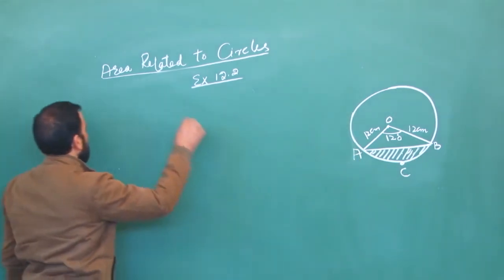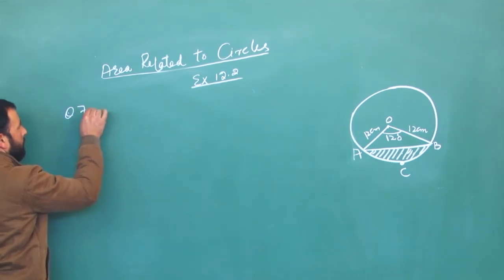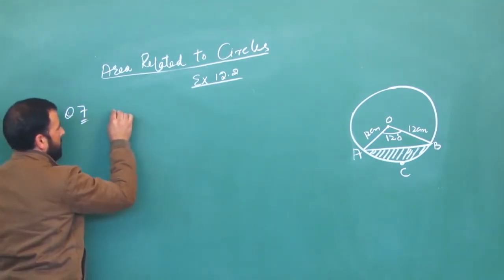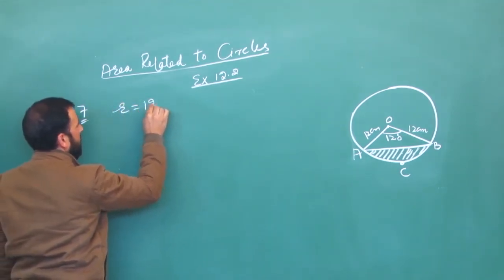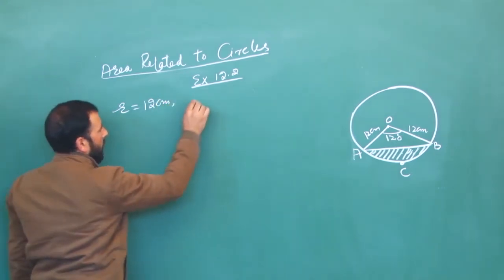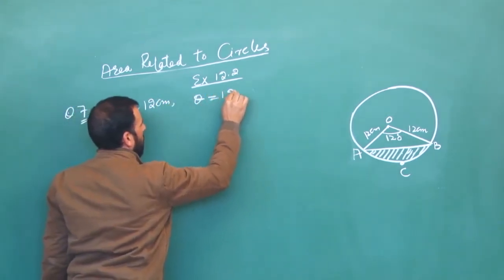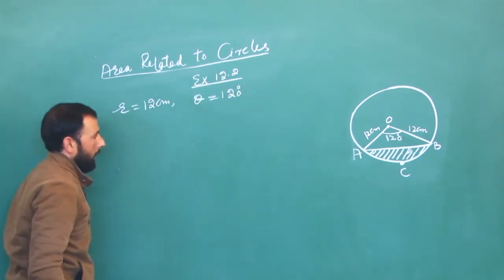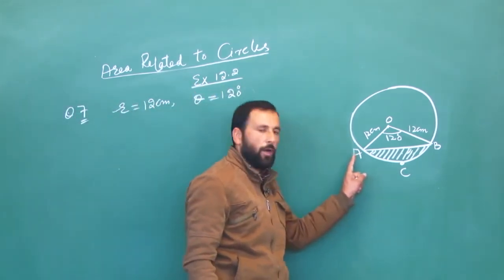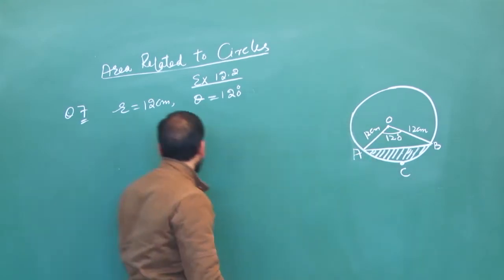So for this question number 7, radius r equals 12 centimeter, theta is equal to 120 degrees. Then we have to find the area of segment ACB.